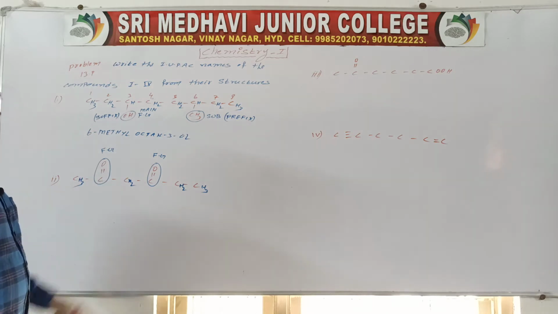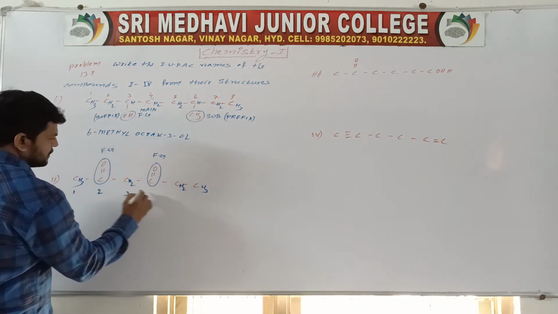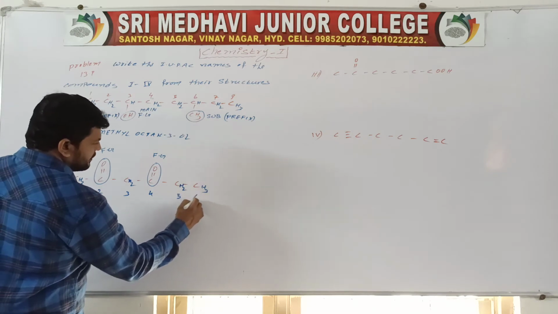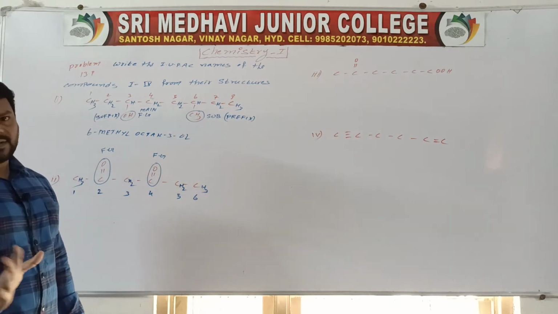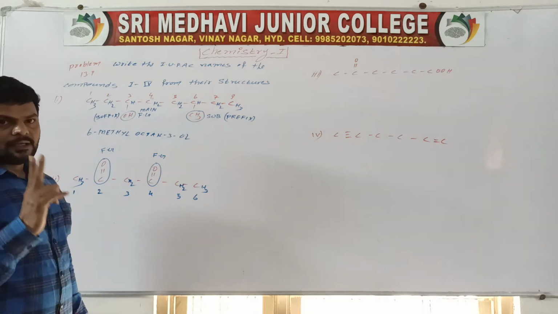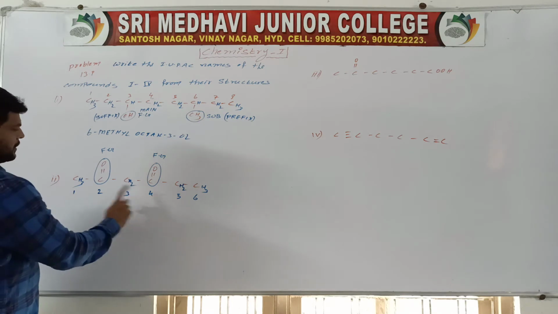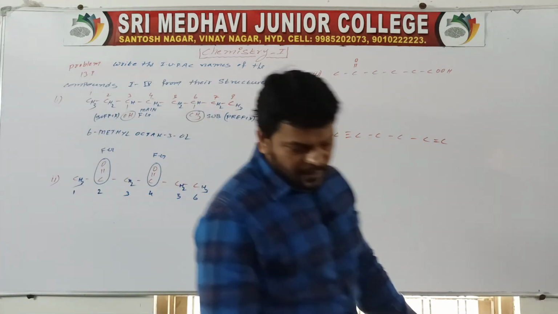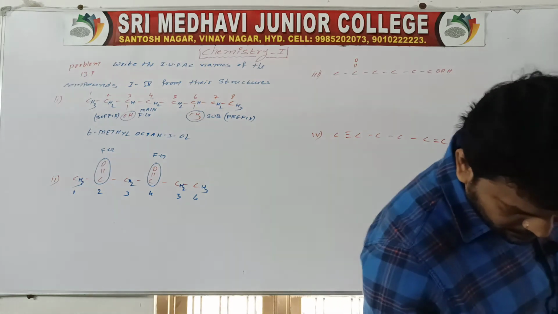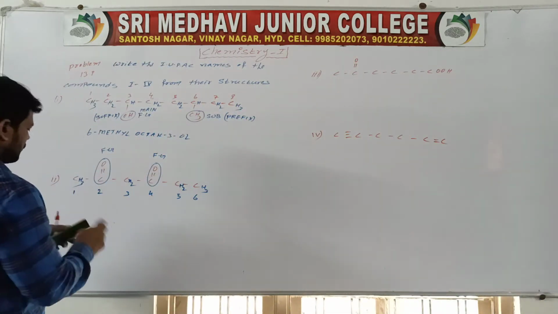So left to right numbering is right: 1 2 3 4 5 and 6. Both are the same functional groups, so we write di. How many carbons? Hex, so hexane; hexane 2,4-dione.